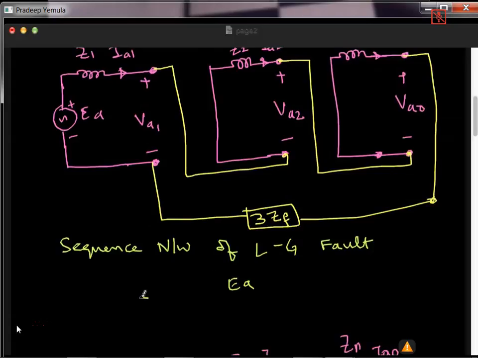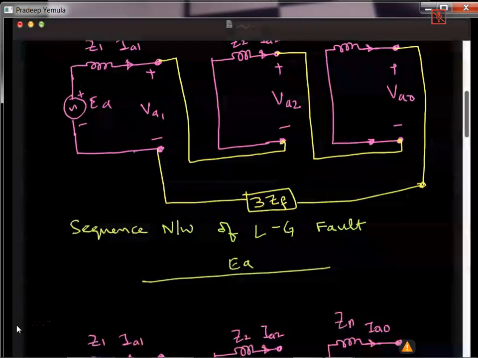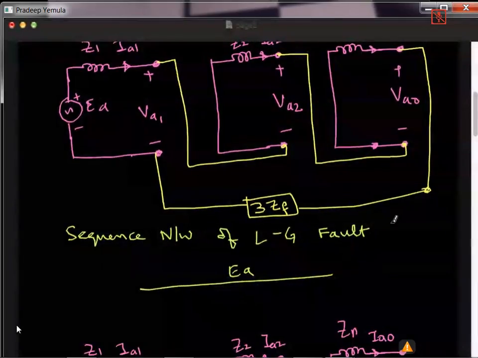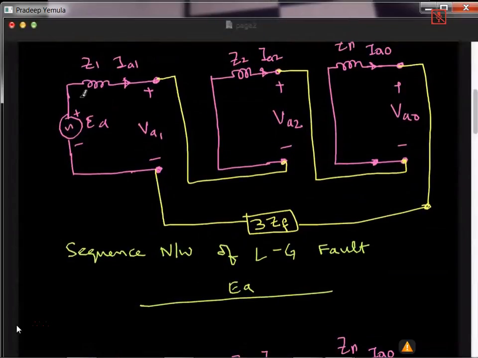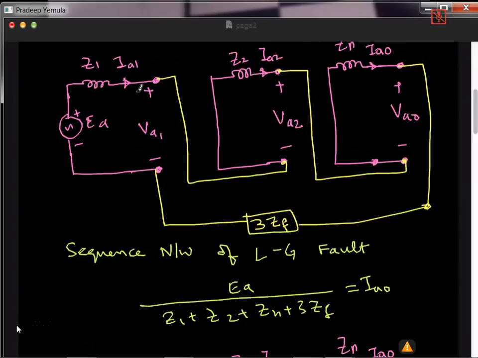And what is the total impedance? Total impedance is Z1 plus Z2 plus Zn plus 3ZF. So if you do this, then the current will be nothing but IA0 or IA1 or IA2. And once you have this, you can find what is IA, IB and IC. So this is the analysis of LG fault.